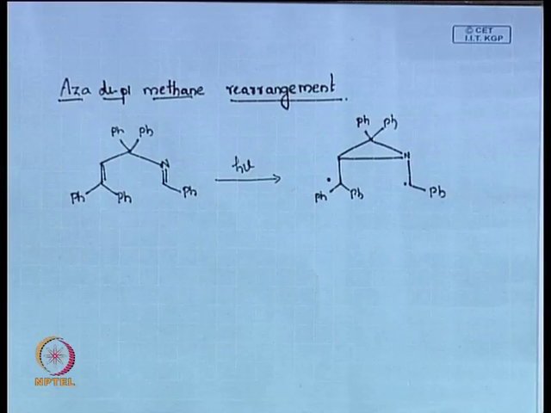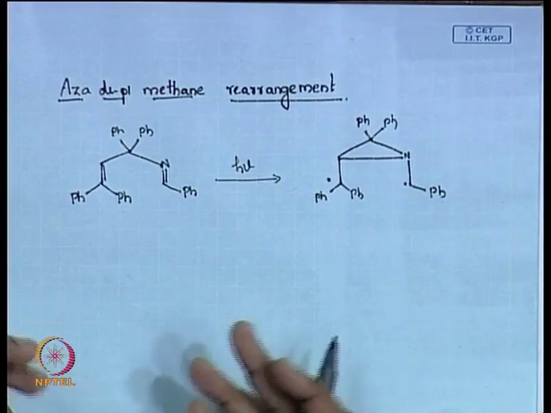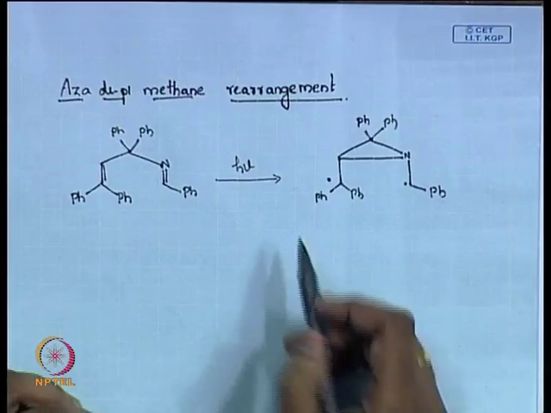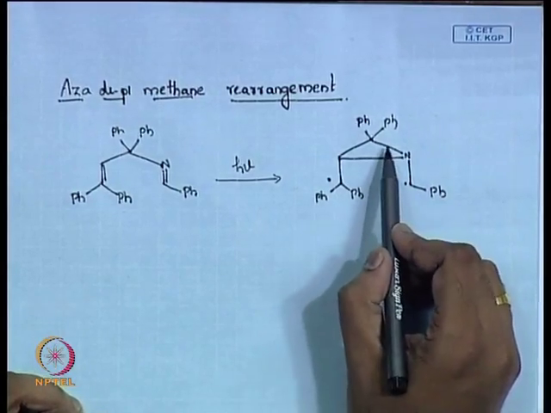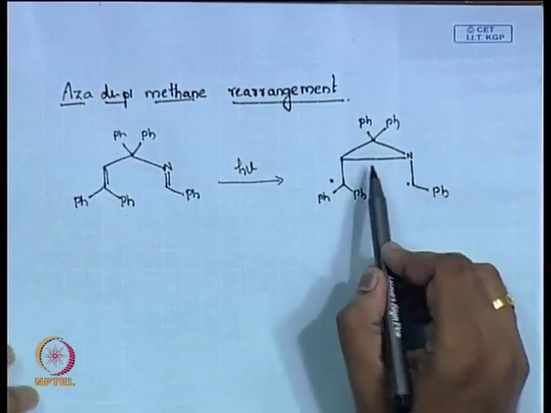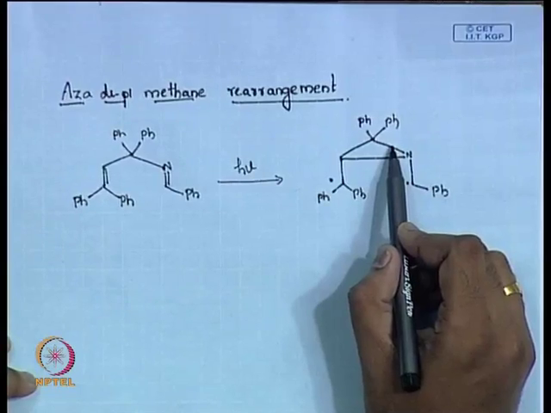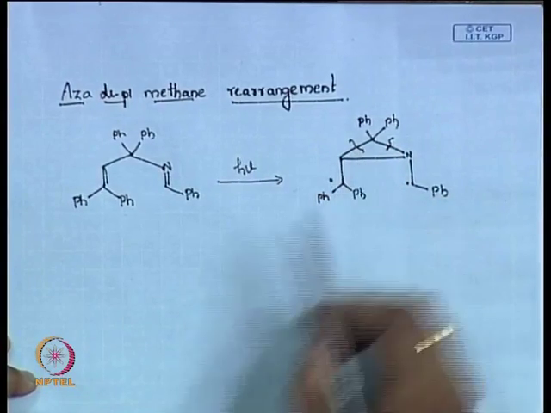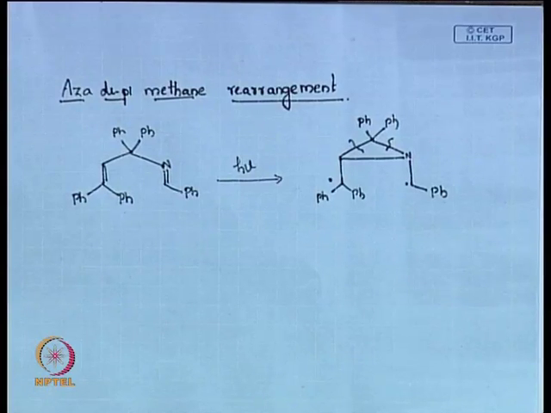Now, what happens? In Oxo Di-pi-methane rearrangement your cleavage was easier, because most of the time you want to get your ketone back. In this case I have a choice of cleaving this one, and again a choice of cleaving this, right. So, shall we write both the products and see?